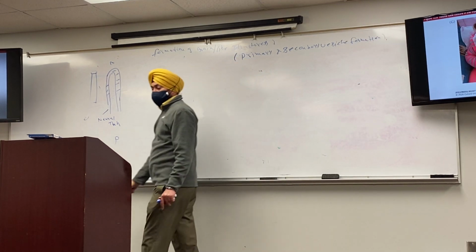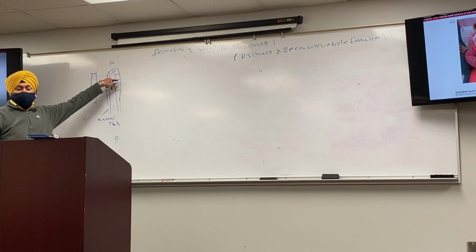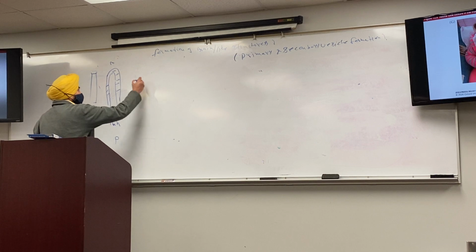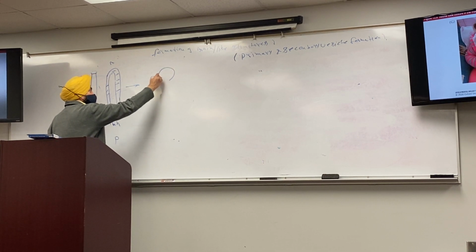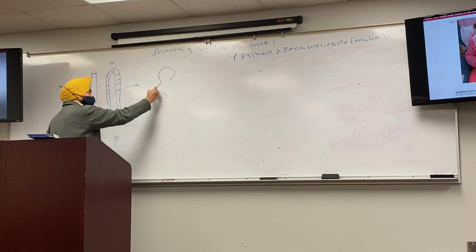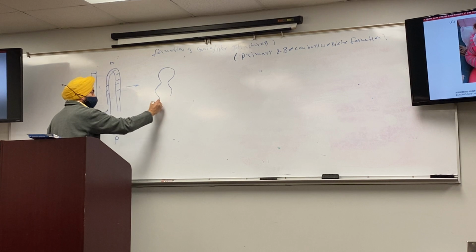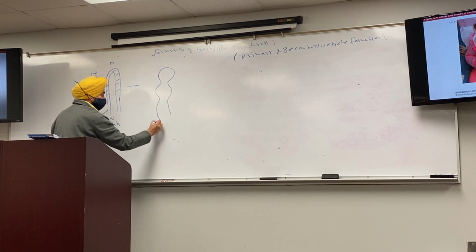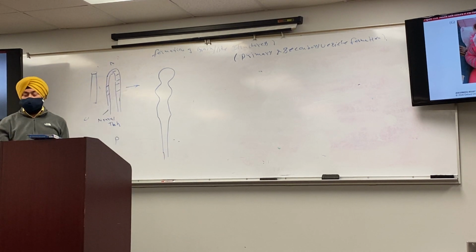So what happens is this neural tube starts forming vesicle-like structures like this. It will form a structure like this. And in the end, it will be just like this.